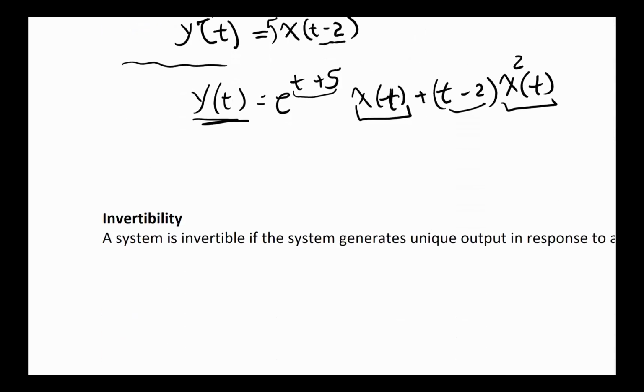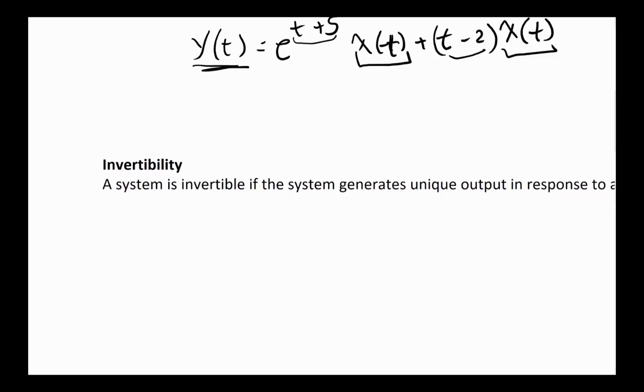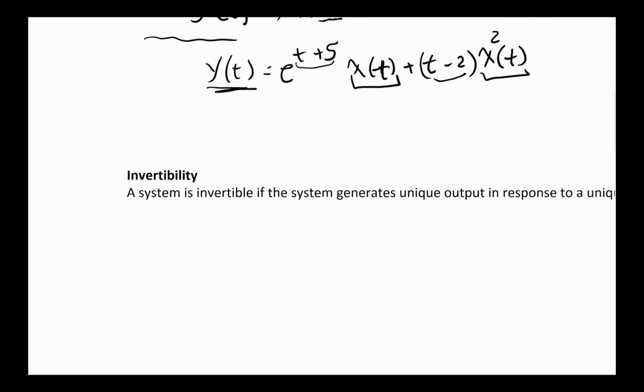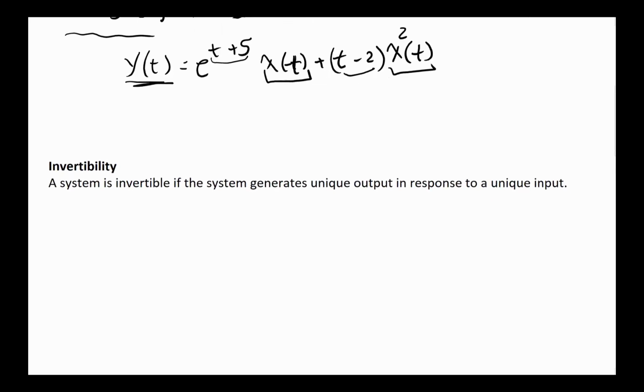Let's go ahead and take a look at property number 2. The definition says invertible, whether the system is invertible or not invertible. A system is invertible if the system generates a unique output in response to a unique input.